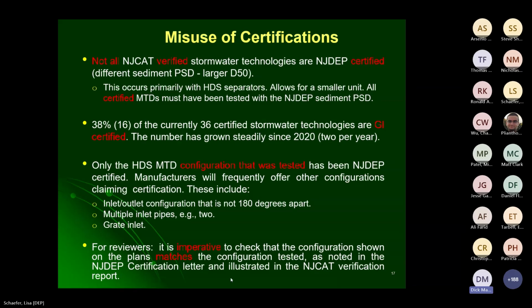Of the units of the currently certified stormwater technology, as I pointed out, the largest category are GI, and that number has grown two to three a year.